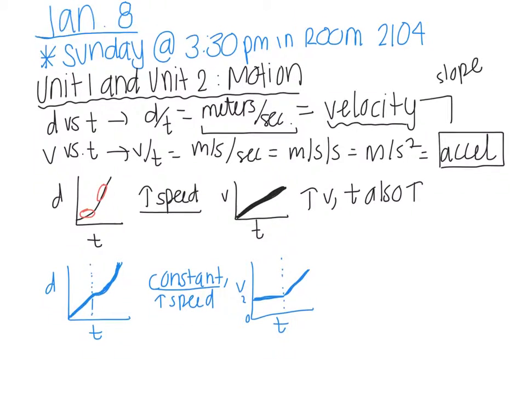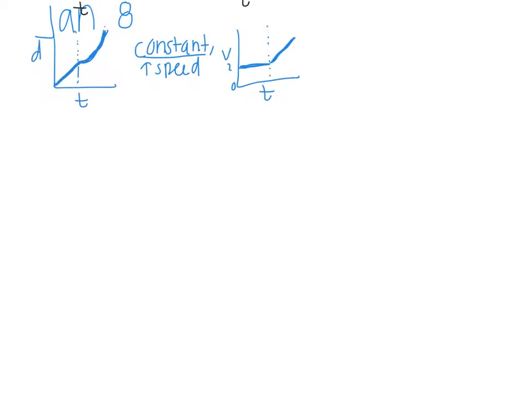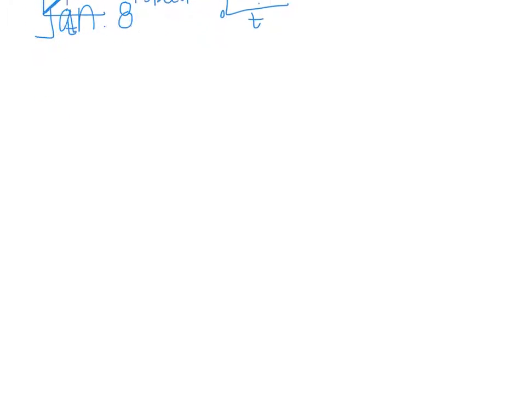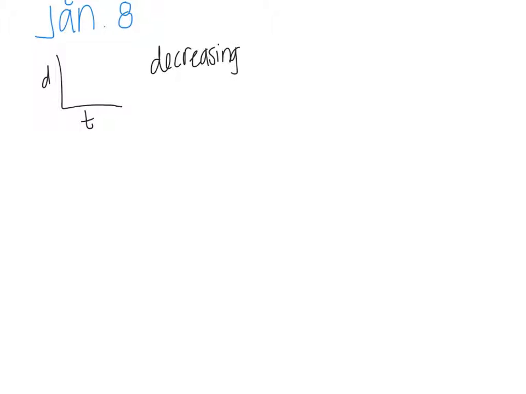Awesome. So let's move this down and look at the next set of graphs. All right, the next graph that I have for you, D versus T, and I'm looking at decreasing speed.